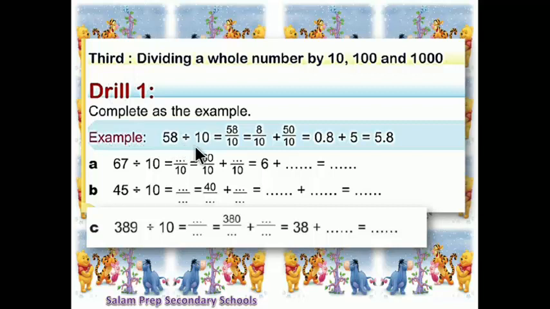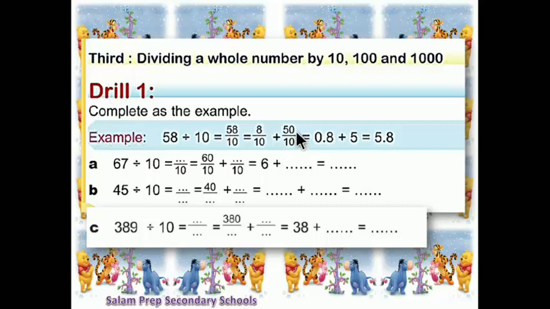58 divided by 10 equal, we can write the division equation in the form of a fraction like this. 58 over 10 equal, now we will expand 58. 58 over 10 equal 8 over 10 plus 50 over 10 equal 8 over 10 equal 0.8 plus 50 over 10, we can remove this 0 with this 0.